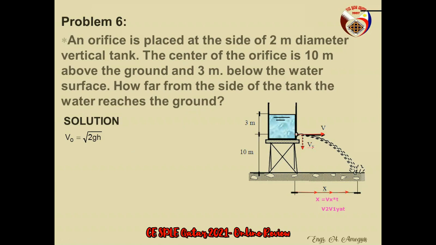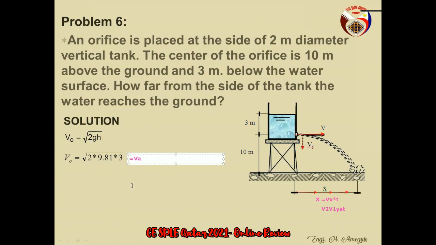And that velocity initial equals to CV square root of 2GH. My H equals to 3. So, ngayon, 1 yung CV. So, ang equation ko ngayon magiging square root of twice of 9.81 times 3. This VO initial is eto yung sinasabi nating V actual. Right?